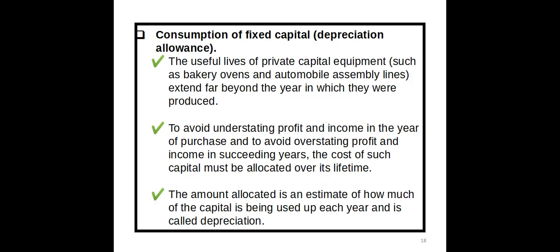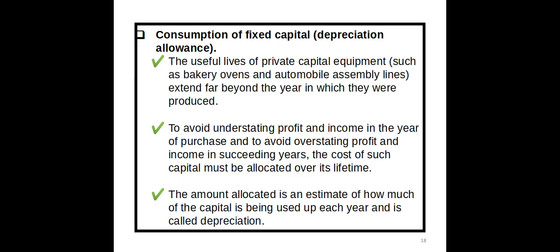Then we've got the consumption of fixed capital, depreciation. So this is where it gets a little bit complicated. Businesses are allowed to depreciate the value of their capital equipment. So say you have an oven that costs $10,000 and is expected to have a useful life of 10 years.